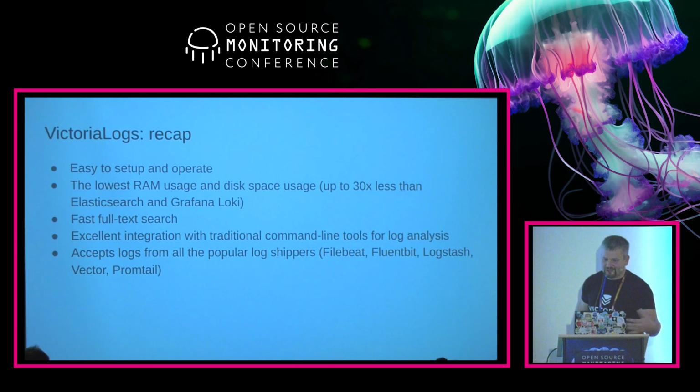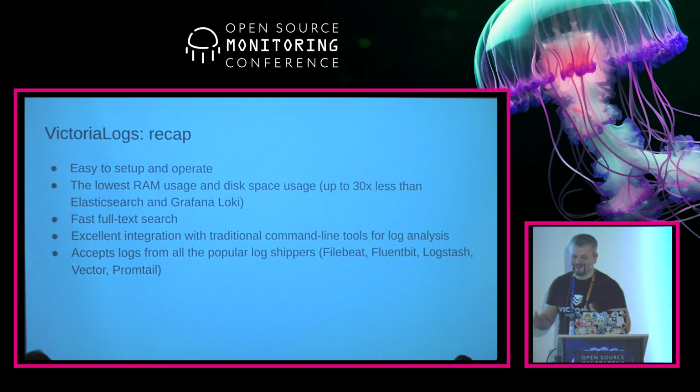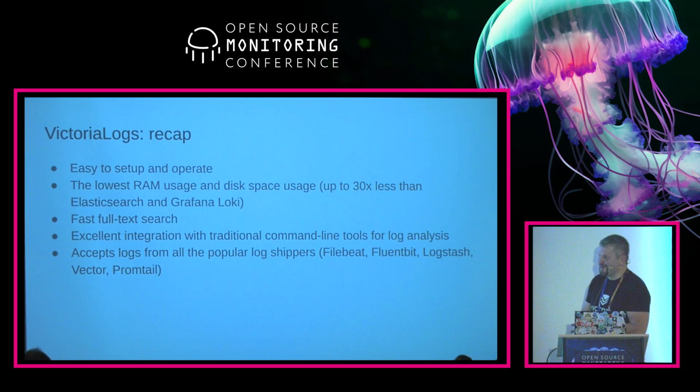VictoriaLogs doesn't provide any log shippers itself. Probably we will create a great log shipper in the future, but right now it provides good integration with existing log shippers, which can enrich, transform and filter data, for instance, Logstash. So you can enrich, transform and filter this data in Logstash, and then forward the enriched and transformed data to VictoriaLogs.